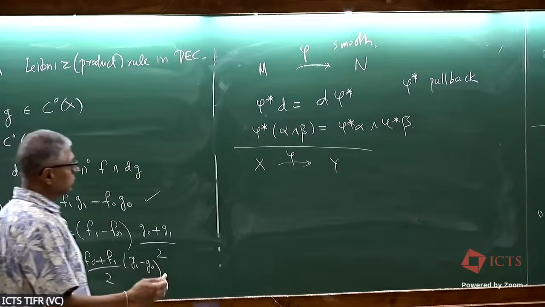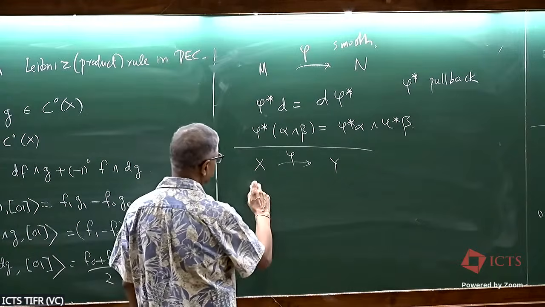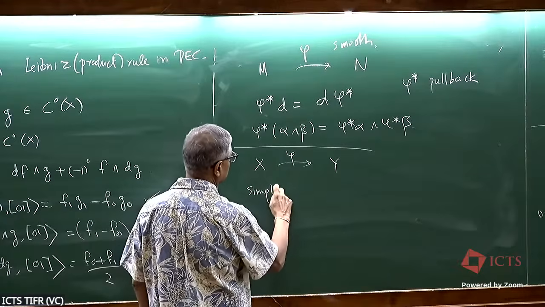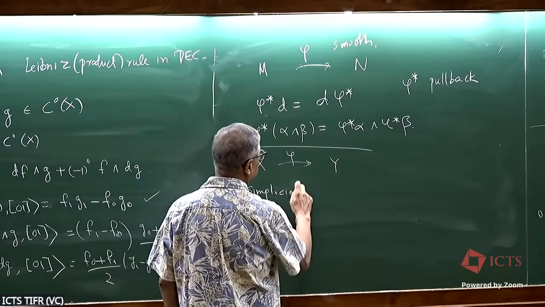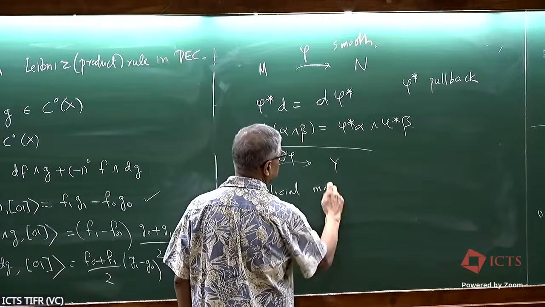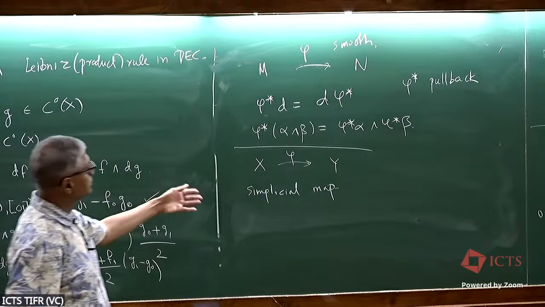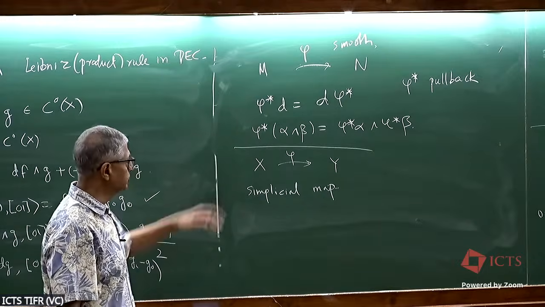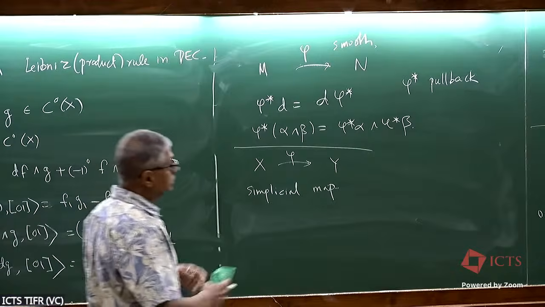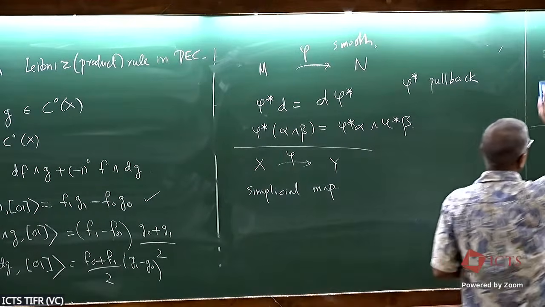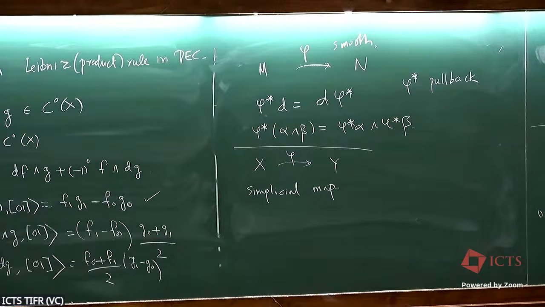It turns out that slowly one discovers the idea of simplicial maps, which in the discrete world plays the role of smooth maps. And it turns out to have the property that it commutes with D and with wedge. It's also intuitively reasonable. So what I should tell you is what a simplicial map is.